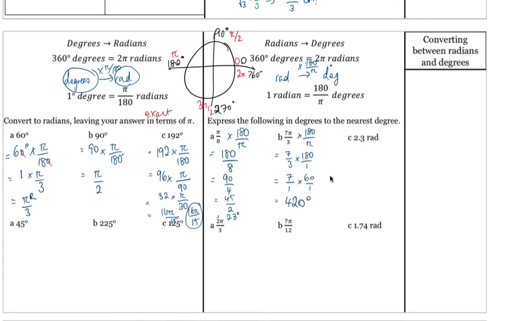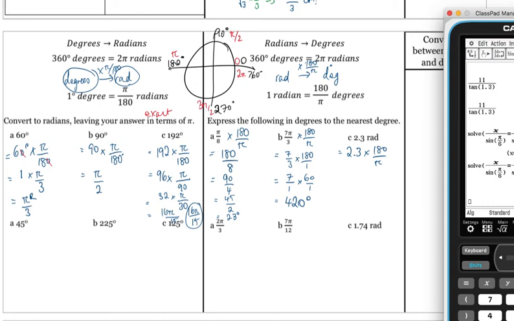The next one here is 2.3. This one says to the nearest degree, and this is probably a calc question, so you go 2.3 times 180 on pi. I've just got to pull out my ClassPad for this.